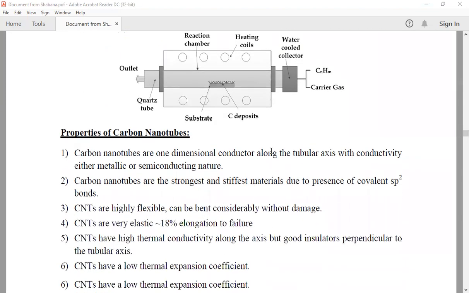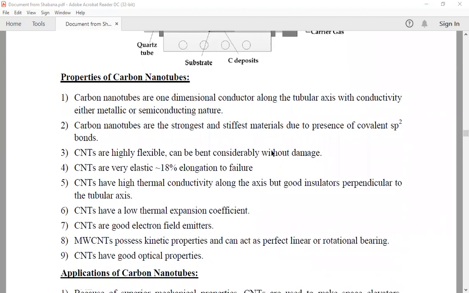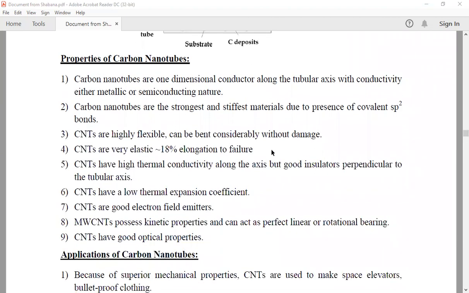Coming to the properties of carbon nanotubes, it has good strength, and carbon nanotubes are one-dimensional conductors along the tubular axis, with conductivity either metallic or semiconducting in nature.